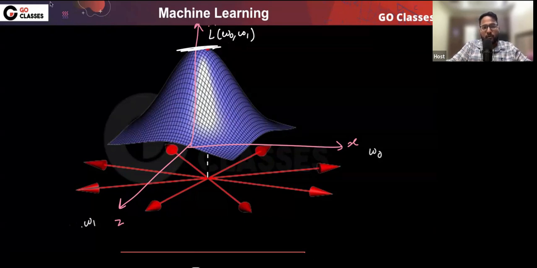Anyway, suppose that I'm here at some point in time, and I ask you in which direction I should be going, with respect to w0 and w1, such that my loss decreases. Then definitely you might say that with respect to w0 I should be going right.